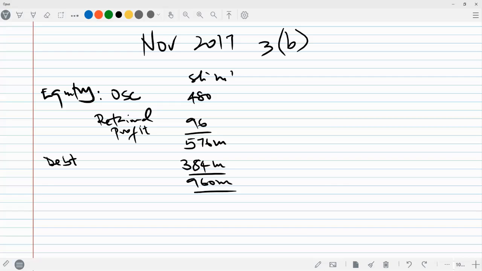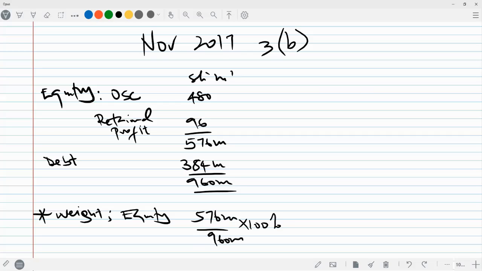Now, don't forget we want to get the weight of the current capital structure. The weight of equity in the current capital structure is equal to 576 million out of 960 million.